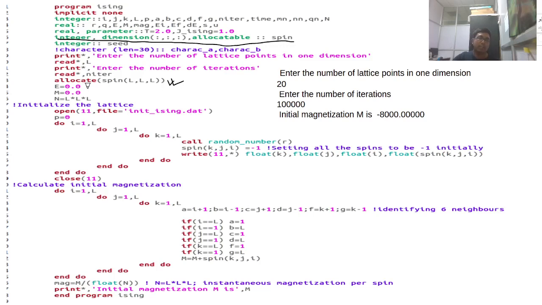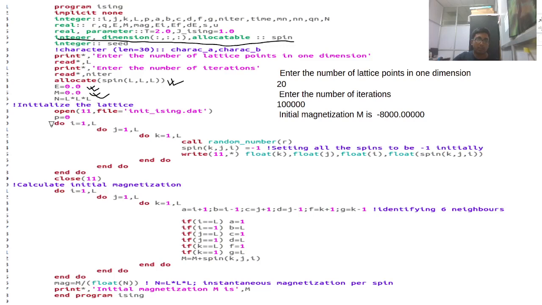Then the energy at first is 0, which is not needed for this particular question, but you will need to define it for other questions. Capital M, the magnetic moment, is also set to 0 initially. And as the question suggests, capital N, the total number of lattice points, will be L cubed.